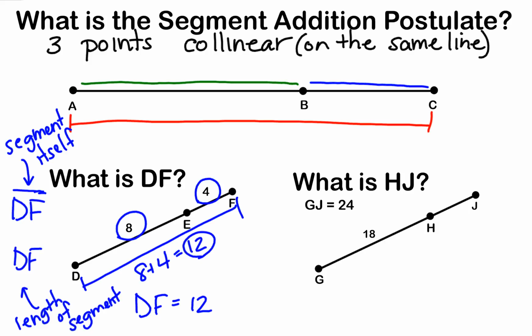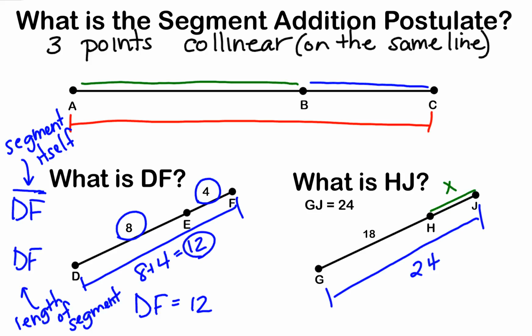Now, if I look at GJ, they tell me that this entire length is 24. I don't know what HJ is over here. I'm not sure what this is, so I'm going to put an X there.